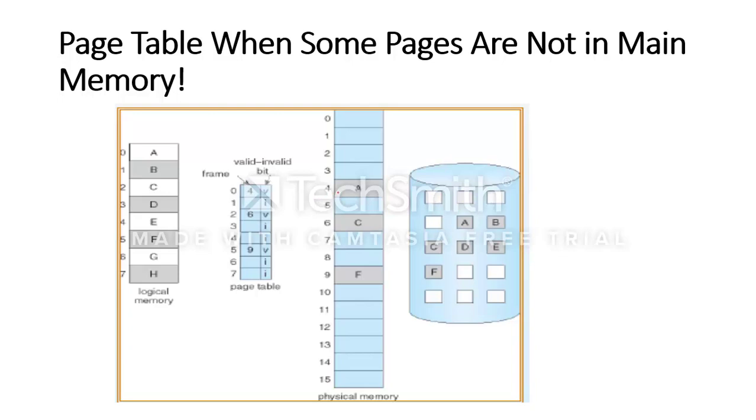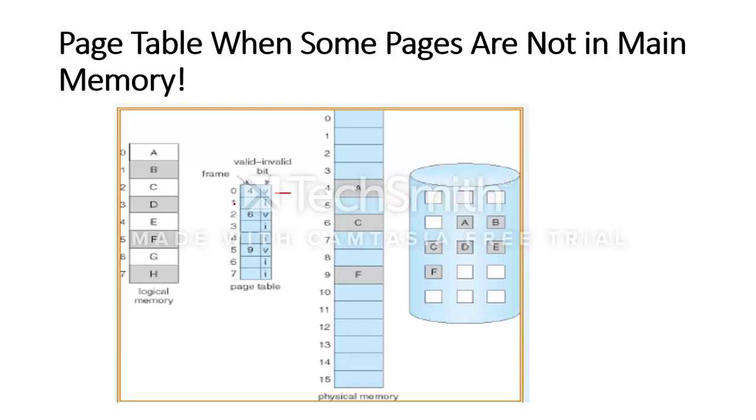What does that mean? It simply means that this is a valid bit, therefore you can take the contents of memory location 0 in our logical memory to memory location number 4 of our physical memory, because it's a valid bit. You remember the V and I, valid and invalid.